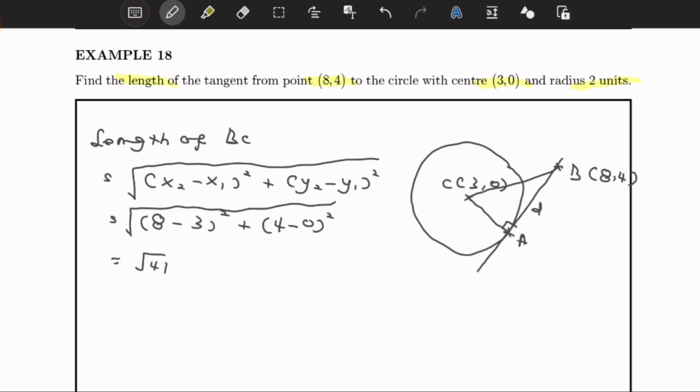So now the length here is root 41, and the question tells us that the radius is 2 units. Let's use the Pythagoras theorem to find the value of d. d equals the square root of (root 41 squared minus 2 squared). So the answer is root 37.